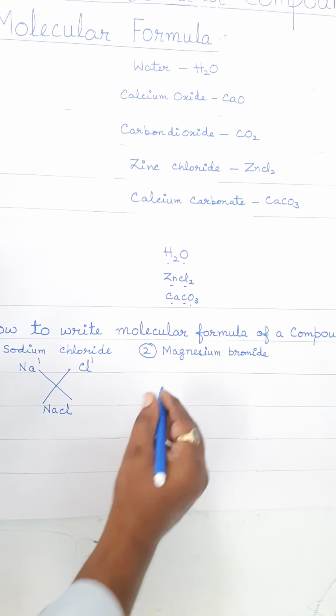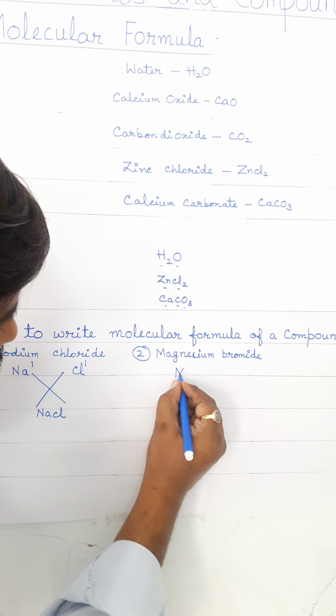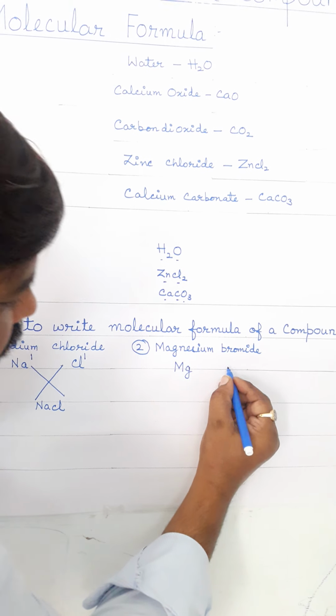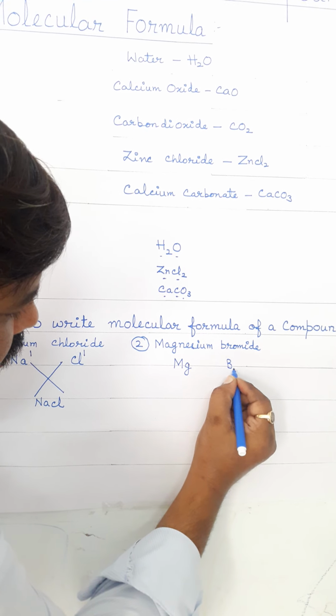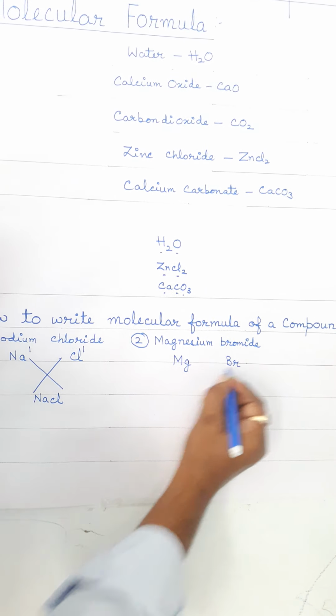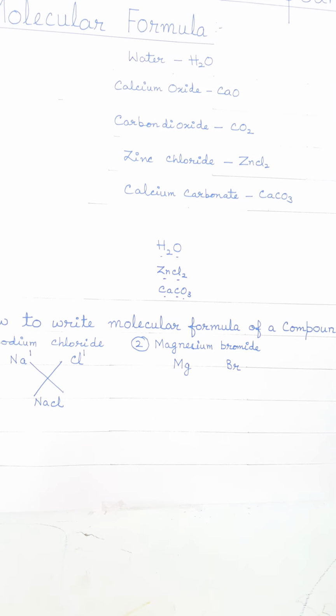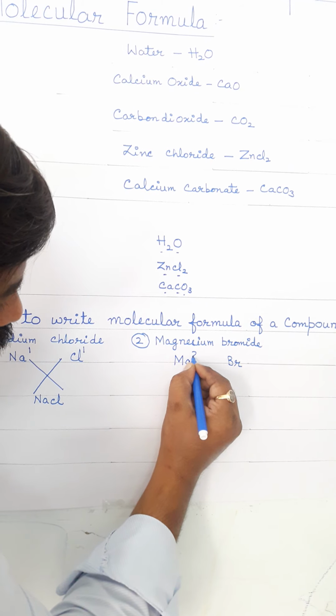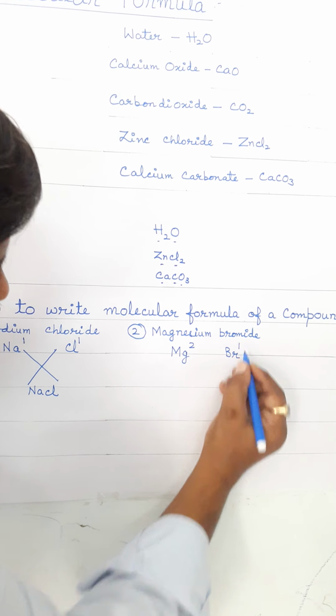Now the symbol of magnesium is Mg, the symbol of bromine is Br. Now second step is we are going to write the valencies of the two elements. Valency of magnesium is 2, valency of bromine is 1.